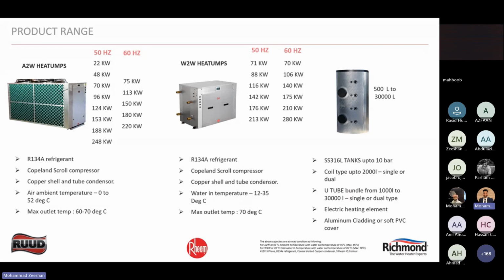For 50 hertz, we have capacities ranging from 22 kilowatt till 248 kilowatt in the air to water heat pump segment. In water to water heat pumps, for 50 hertz, we have from 71 kilowatt till 213 kilowatt. For 60 hertz markets, we have capacities ranging from 75 kilowatt till 220 kilowatt in air to water heat pumps, and 70 kilowatt till 280 kilowatt in 60 hertz water to water heat pumps.